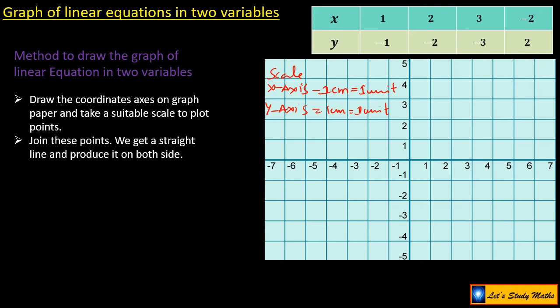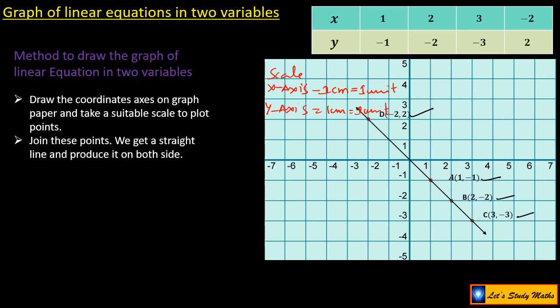Then we need to plot it. When you plot, we'll get points like this. A, B, C, D points we got here. Once you plot the points, we need to join them with the help of a scale.